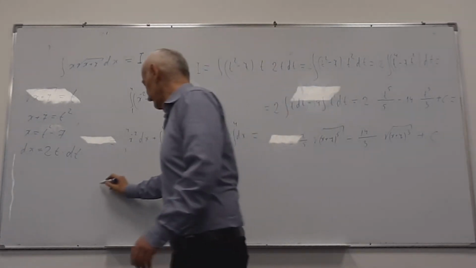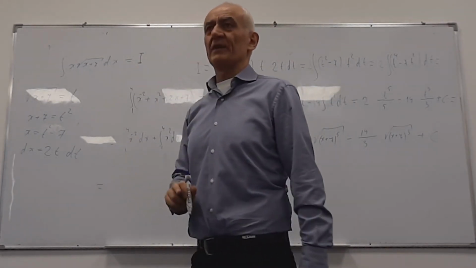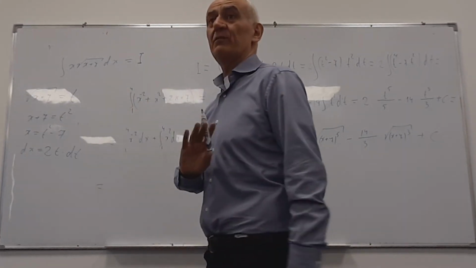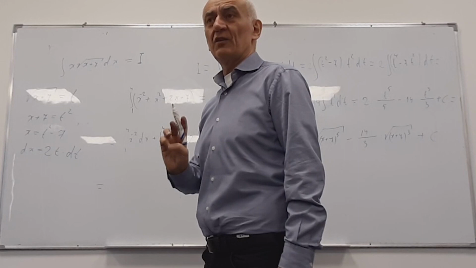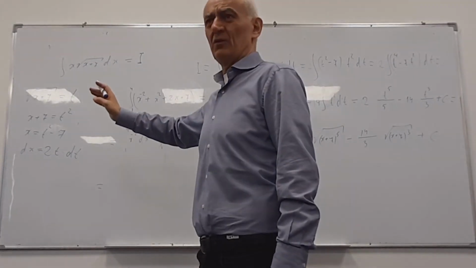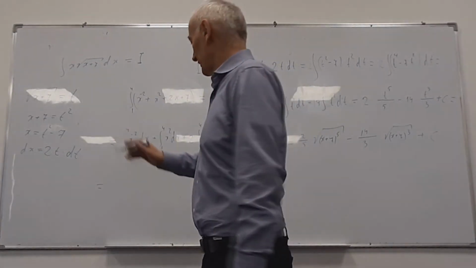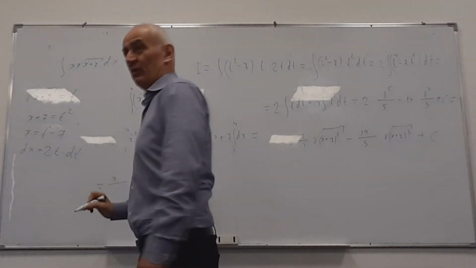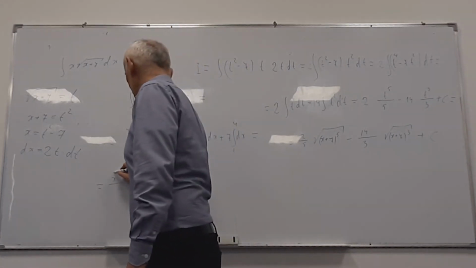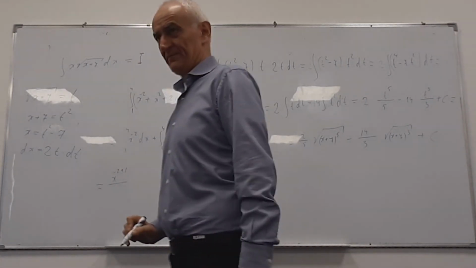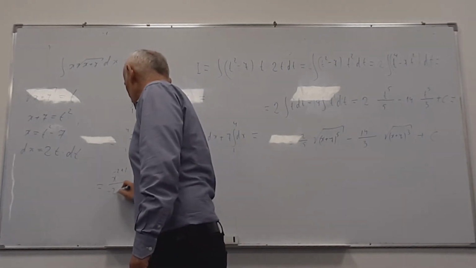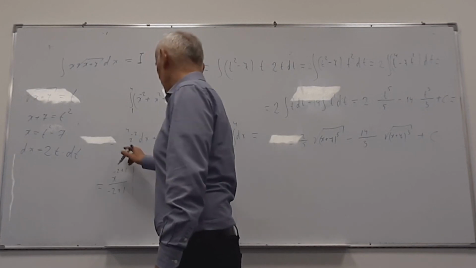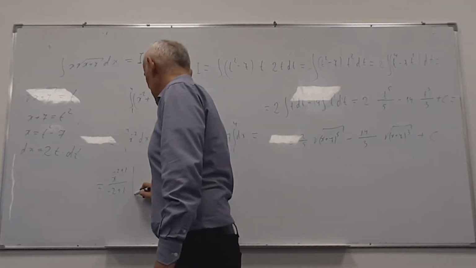And now x to power minus 2. We use the same formula, the integral of power function. Do you remember it, or I can write it down? Okay. So it's going to be x to power minus 2 plus 1 over minus 2 plus 1, and then we should indicate limits.